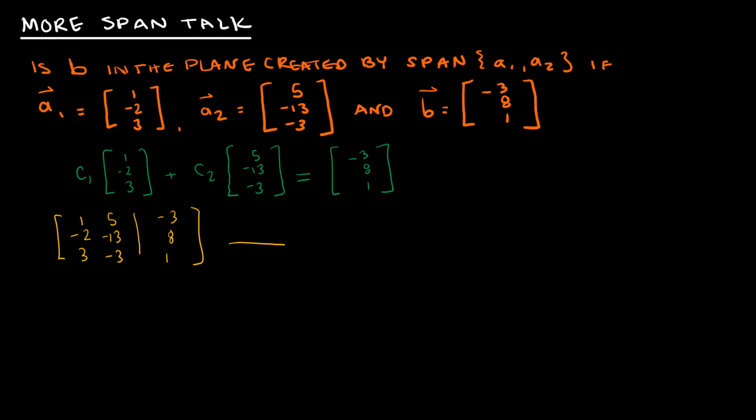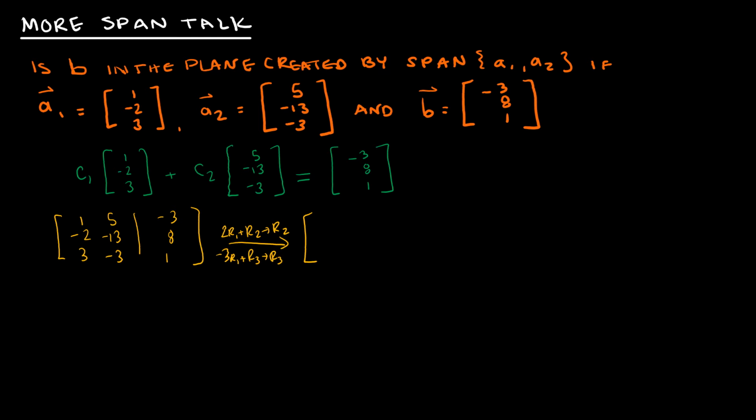And I'm going to try to get this into reduced row echelon form. So let's start by, I've got my pivot of 1 there. Let's make everything below it a 0. So 2 row 1 plus row 2 is my new row 2, and negative 3 row 1 plus row 3 is my new row 3.